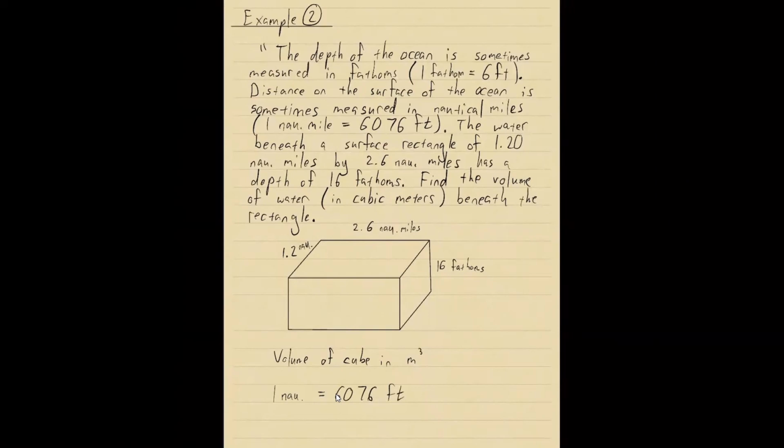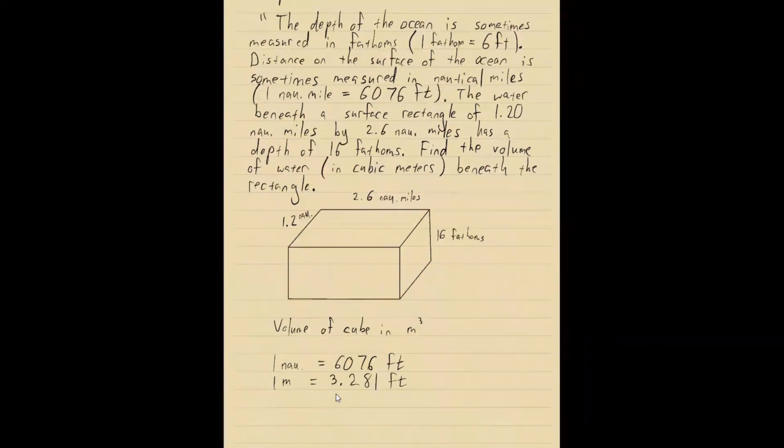Additionally, 1 meter. The problem doesn't tell us this, but I looked it up on Google. So 1 meter is equal to 3.281 feet. And last but not least, 1 fathom is equal to 6 feet.